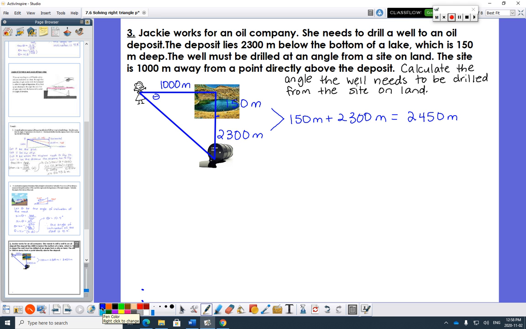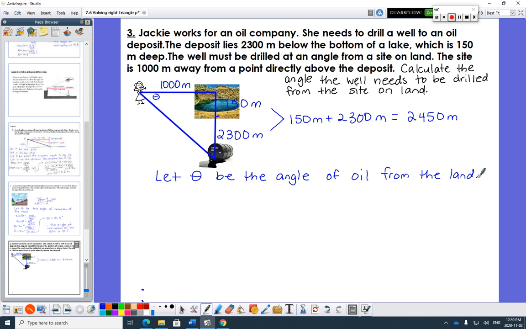Or from the site, from where Jackie's standing, something like that if you want. Okay, so then you could even call it the angle of depression because it is from a horizontal, so that's legitimate as well.